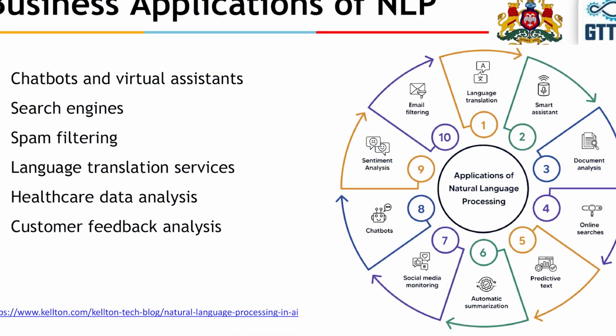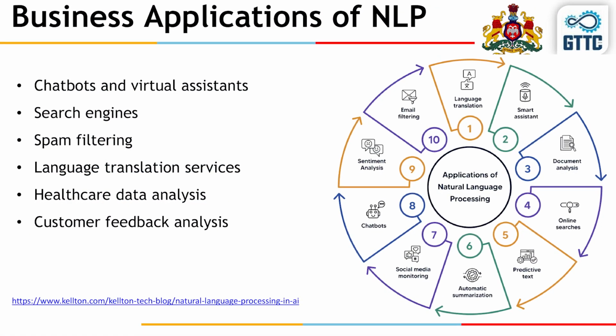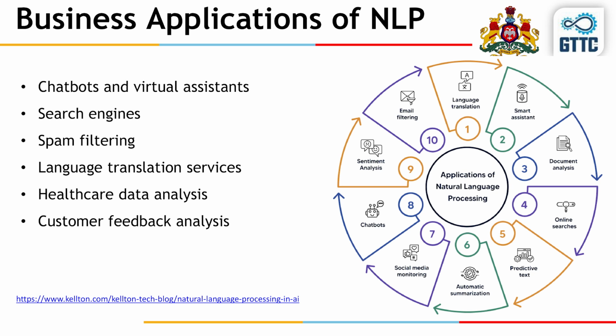And of course, search engines also play a very important role. And finally, very, very important, healthcare data analysis. Healthcare data analysis, when you talk about processing medical records, research articles, patient notes, will definitely help doctors to take their decisions as quickly as possible.